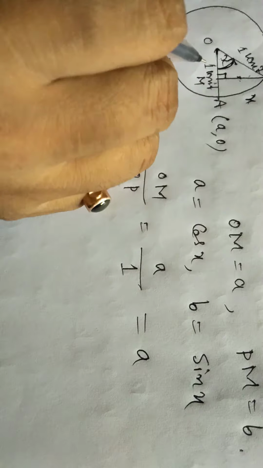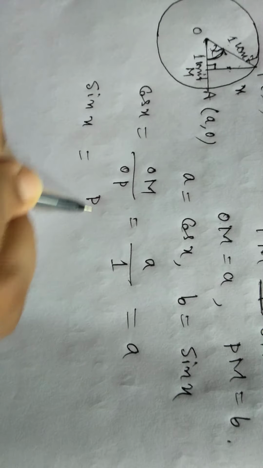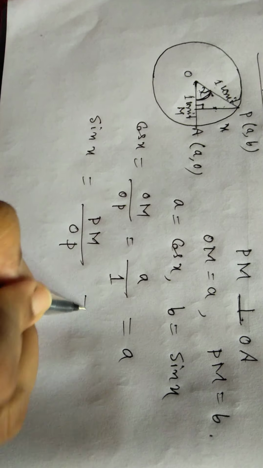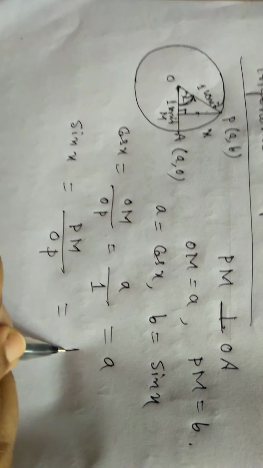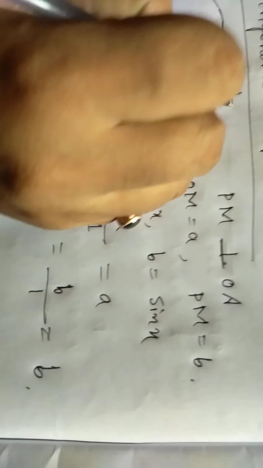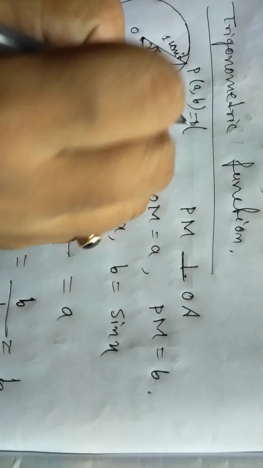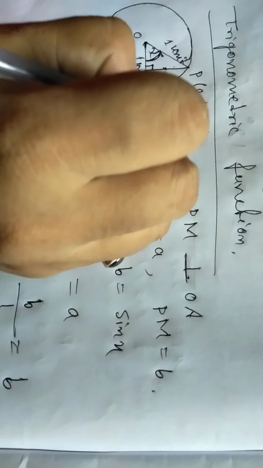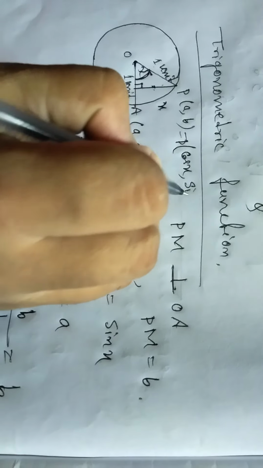And sin x is perpendicular by hypotenuse, that is PM by OP. PM is b, so b by 1 is b. So in place of (a, b) we can write the coordinates of P as (cos x, sin x).